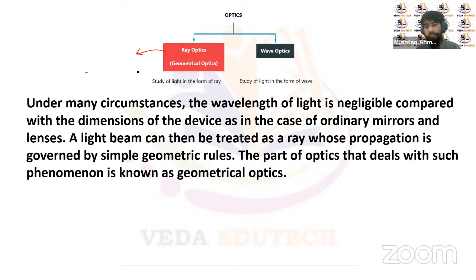The part of optics that deals with such phenomena is called geometrical optics. In wave optics, the wavelength is comparable to or greater than the object with which it interacts. In that case, the behavior of light changes, and we study that behavior under the heading wave optics.